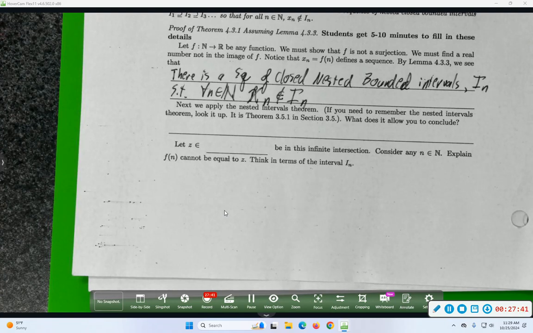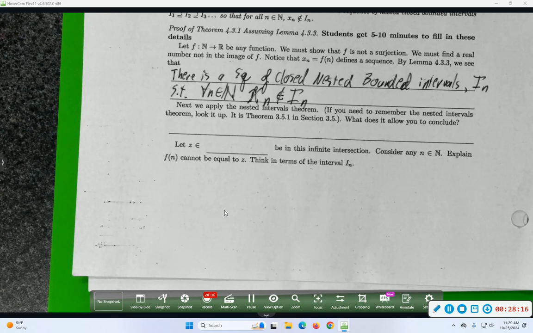Because z is in the infinite intersection, so it's in every one. So z has to be in In. Is f of n in In? No, by the thing we got out of the lemma. Oh, if one of them's in a set and the other one's not in the set, they can't be the same. That feel pretty good? Nice.